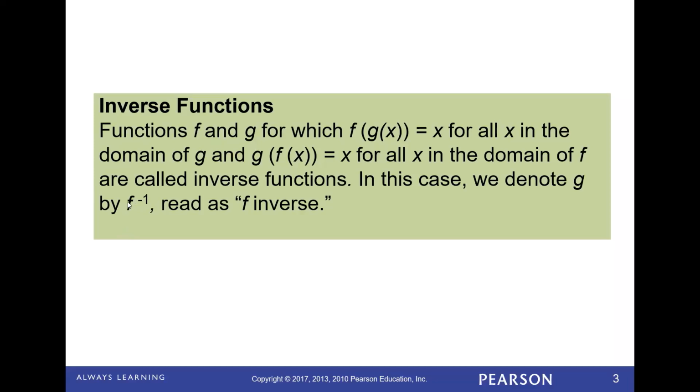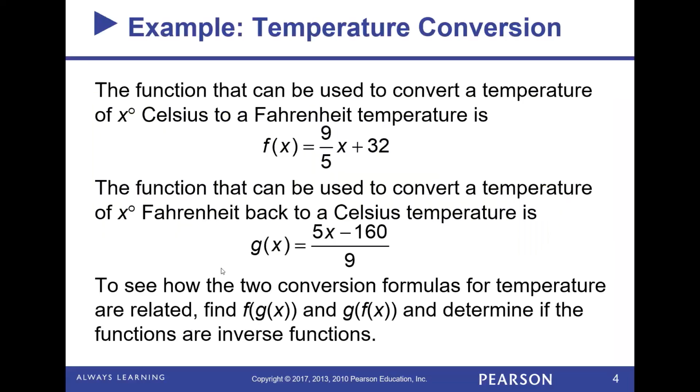Okay, so let's understand this. How do we find them? I'm going to give you two functions. Let f of x equal 9/5 x plus 32, and g of x equal 5x minus 160 over 9. These are actually the functions that can be used to convert a temperature from Celsius to Fahrenheit, and the other goes from Fahrenheit to Celsius.